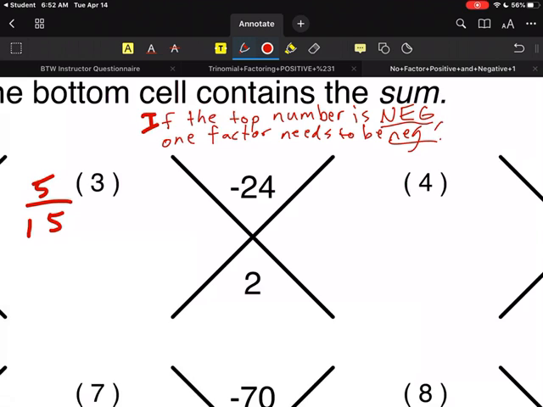It does matter which one, but we'll get to that in a second. One of the numbers that you find needs to be negative. If the top number is positive, then they're both positive or they're both negative. We'll get to that later.